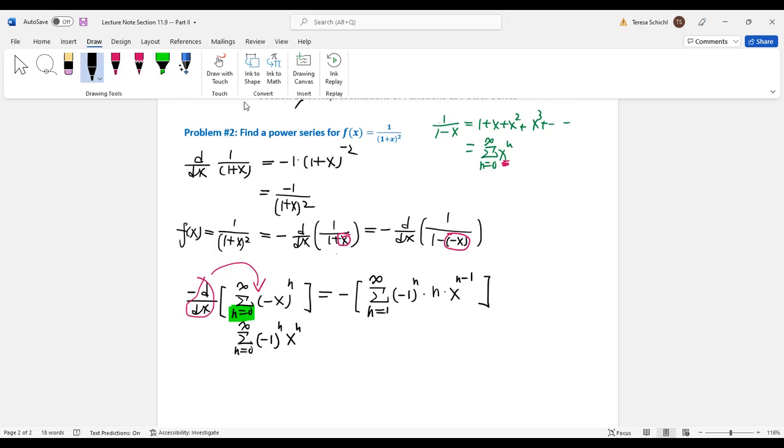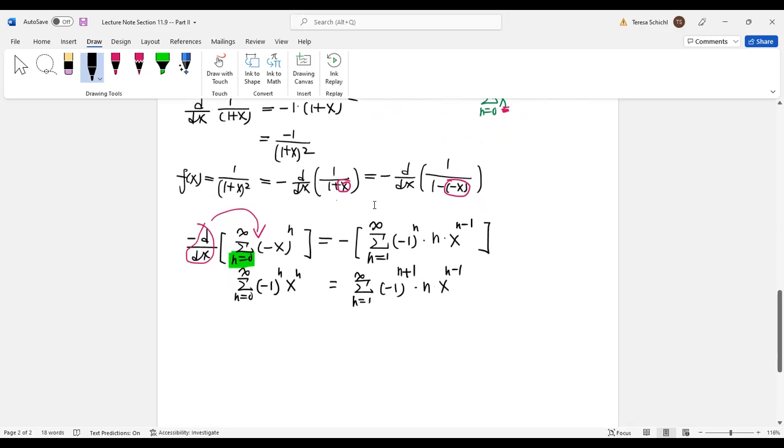Okay, so now I can put this negative sign in here. That will be the summation n from 1 to infinity. Negative times negative to the nth power is negative 1 to the n plus 1 power, times n times x to the n minus 1.